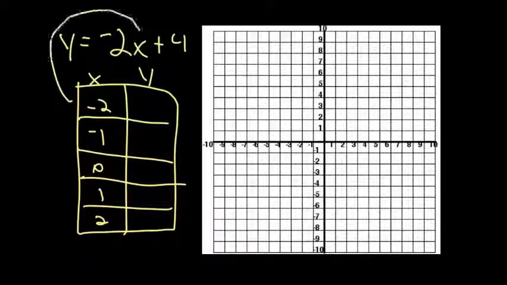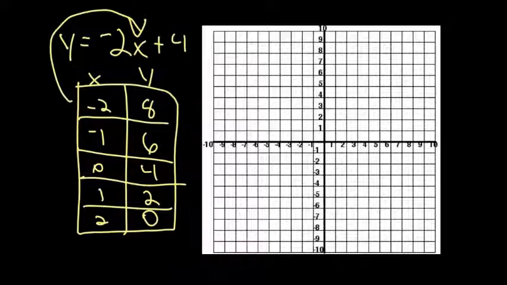So -2 times -2 is 4, plus 4 is 8. Then -2 times -1 is 2, plus 4 is 6. -2 times 0 is 0, plus 4 is 4. -2 times 1 is -2, plus 4 is 2. And then -2 times 2 is -4, plus 4 is 0.